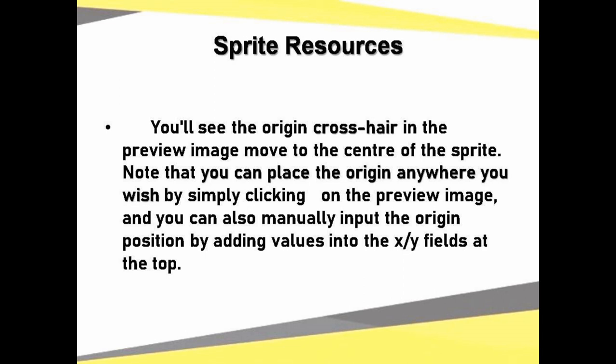And parang Cartesian plane, we have the positive and negative y and x axis na kung saan, kumpara mo sa Cartesian plane, kakaiba lang sa GameMaker kasi yung y-axis natin is inverted. So, kung negative sa Cartesian plane ang baba, positive sa taas, baliktad siya, negative sa taas, positive sa baba. At yung x-axis is just the same, negative dun sa left side and then positive doon sa right side ng Cartesian plane.